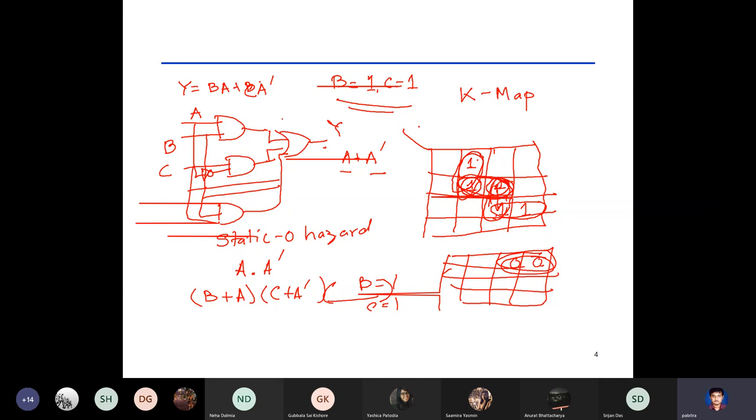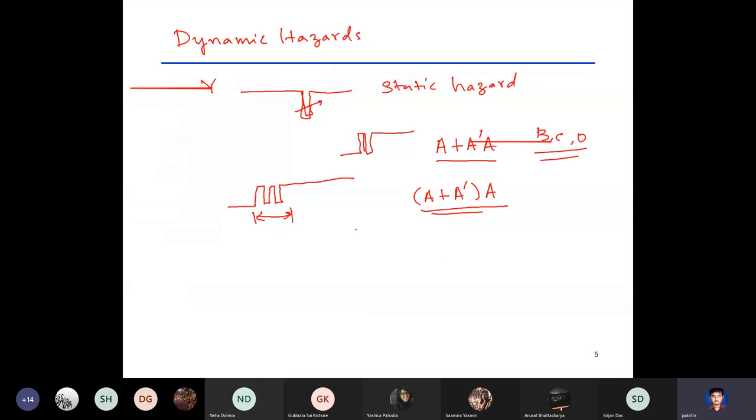If you follow the data path from input to output, at least one of the inputs should have 3 or more possible paths from input to output. If you draw the circuit, only then can a dynamic hazard happen. We can easily see that this kind of situation can only happen in such a case, because you see these are 3 possible paths.